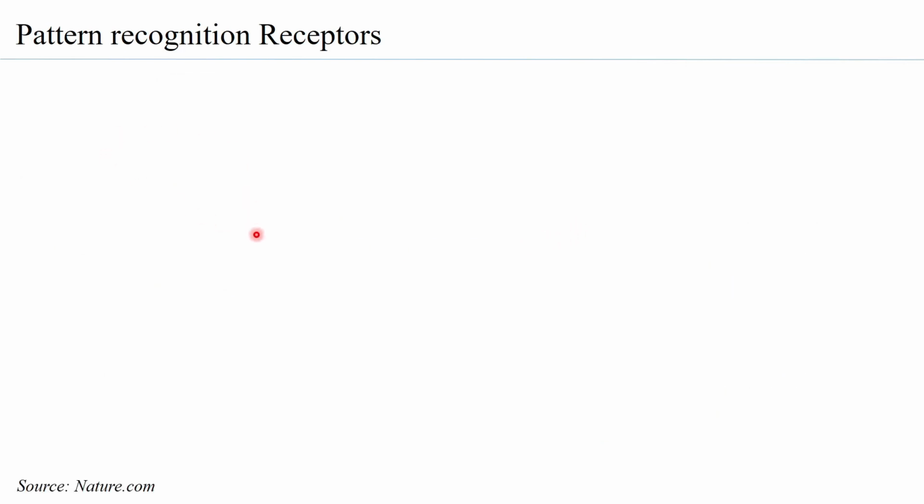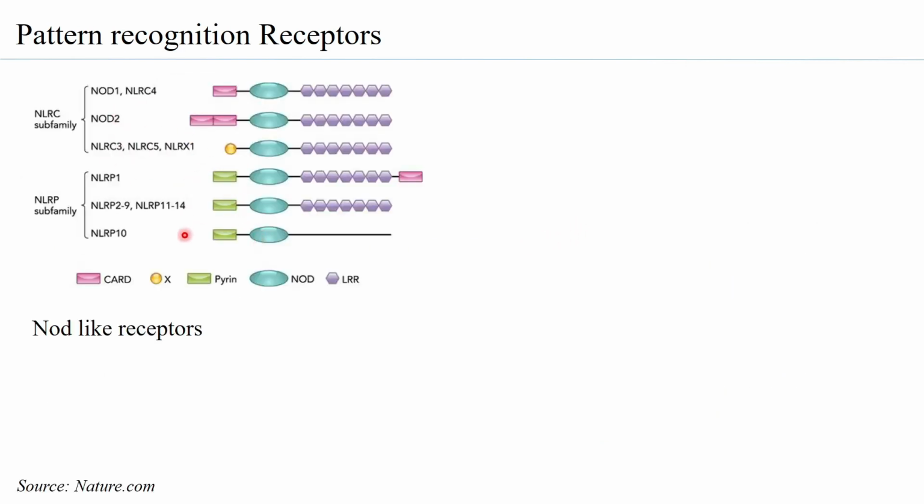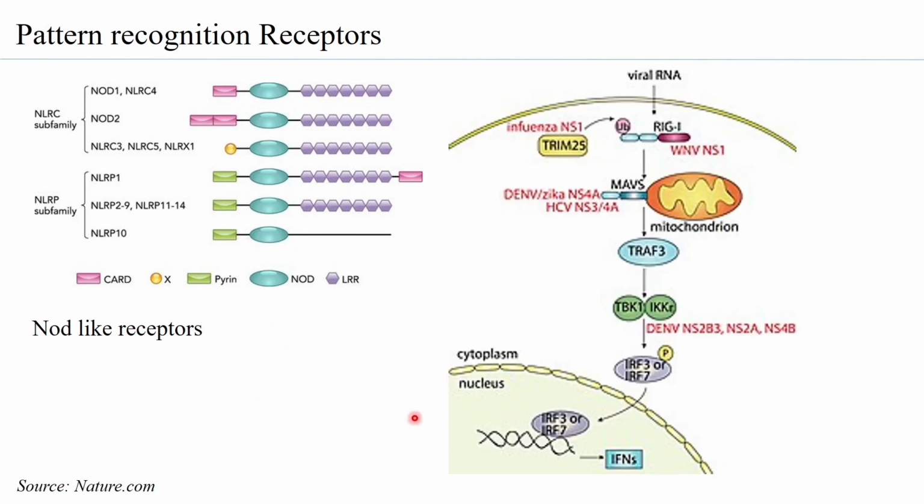Other than toll-like receptors, there are NOD-like receptors. You can see how many different families of the NOD-like receptor are present. They all act as molecules that are able to recognize foreign particles. Similarly, you have RIG-I-like receptors.